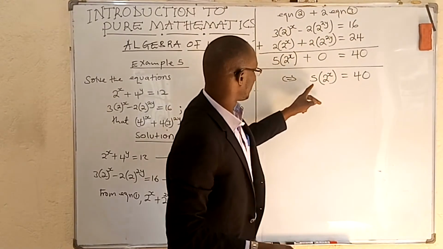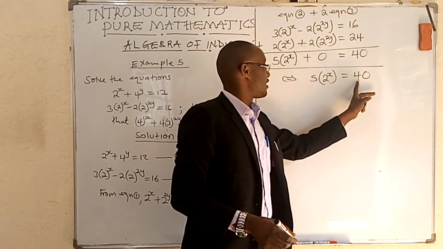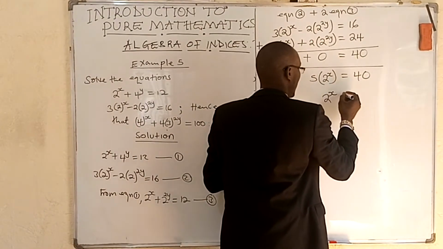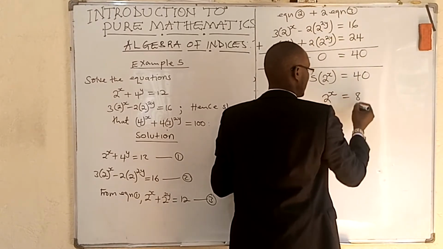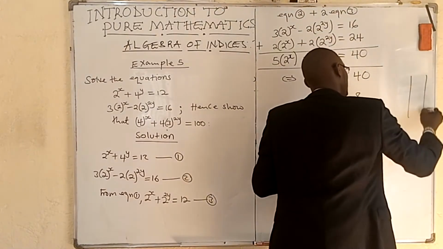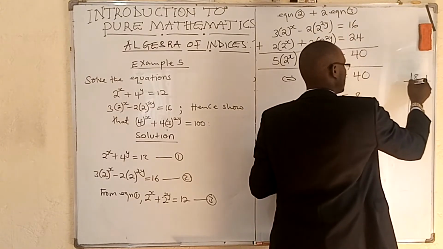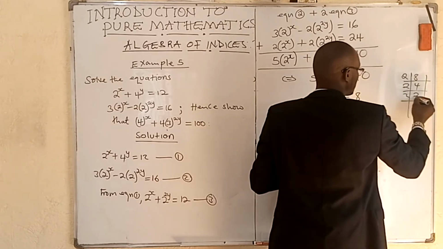Okay. We can remove this 5 because 40 is divisible by 5. So we can divide through by 5 by 5. So we get 2 power x is equal to 40 divided by 5 is 8. But by prime factorization, we already know that 8 is 2 power 3. But I can repeat it for you here. 2 by 2, 2 by 2, 1.